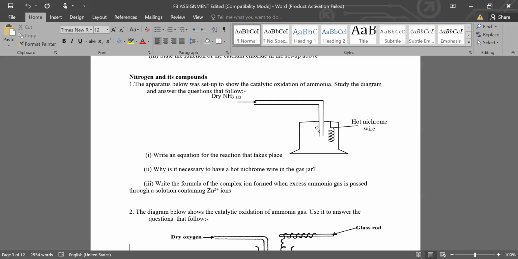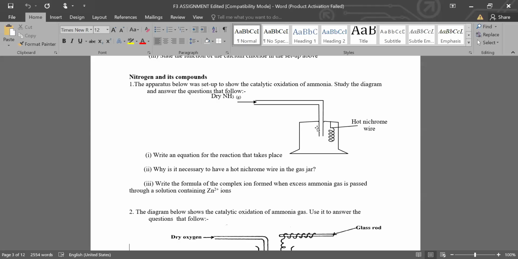You can see the dry ammonia is passed through, and then there is the nichrome wire. Then the question is to write an equation for the reaction that is taking place. Inside the jar, dry ammonia is being put, and of course there is air.